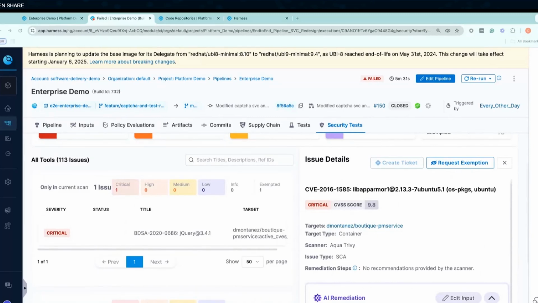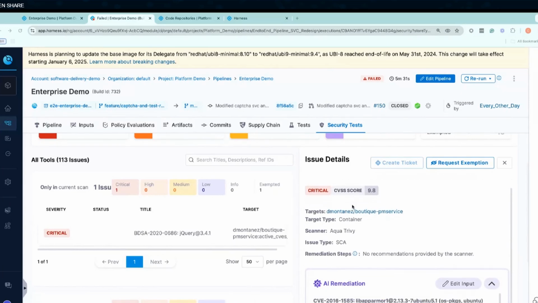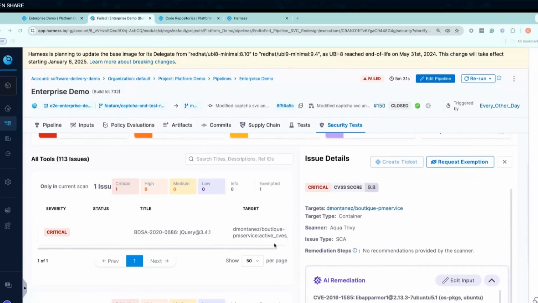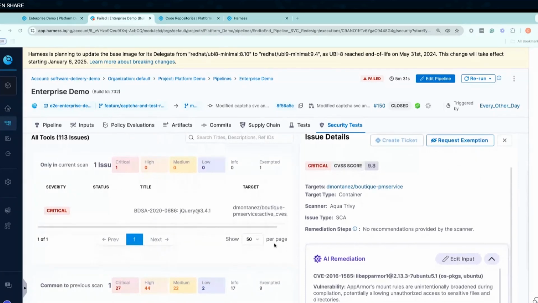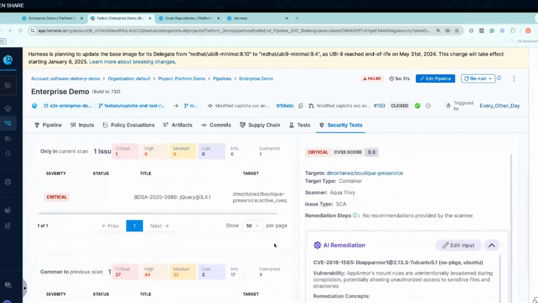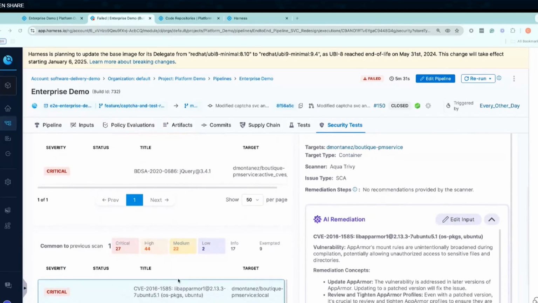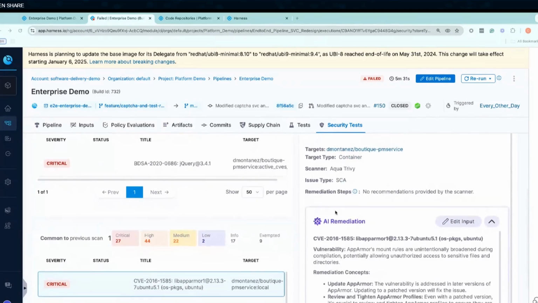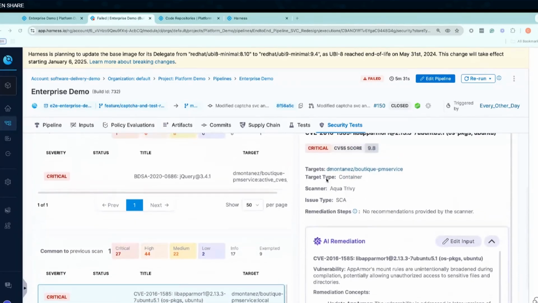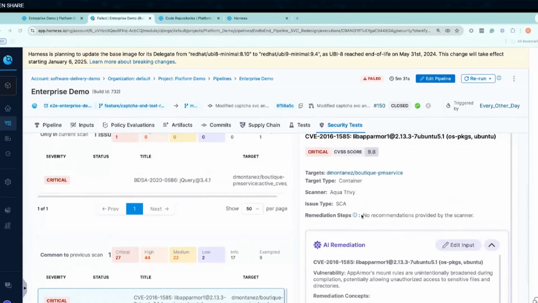Yeah, that's a great point. It's definitely very developer friendly, and we've made sure that we provide a lot of steps so that developers actually remediate the vulnerabilities rather than ignoring them. One of the examples that I wanted to highlight here was this particular one where Aqua found a vulnerability, and this is the actual step from the scanner. The scanner did not actually mention any remediation steps here.